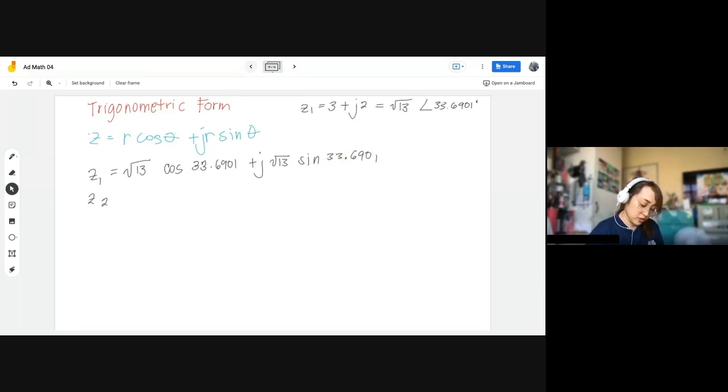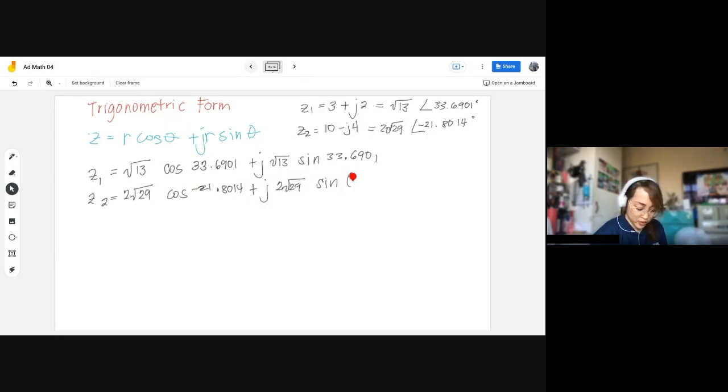Then z2, 10 minus j4, will be 2 square root of 29 angle negative 21.8014. So that is 2 square root of 29 cosine negative 21.8014 plus j 2 square root of 29 sine negative 21.8014.